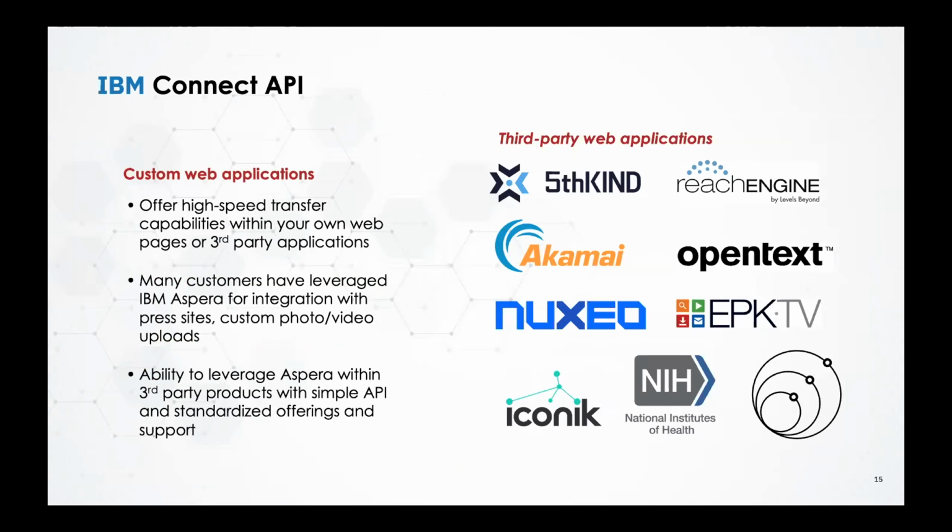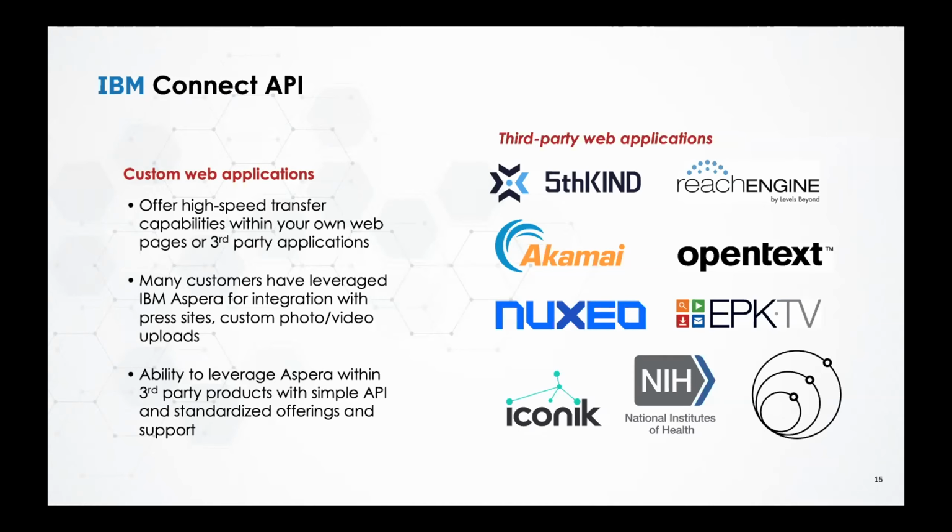Most of the time, when people come to us, they have some challenges, like they have a MAM or a transfer portal, they're using HTTP, and they ask, will I be able to leverage IBM Aspera high-speed transfer from within my own web application, either for our own company or to provide a transfer service to their customers using FASP as added value.